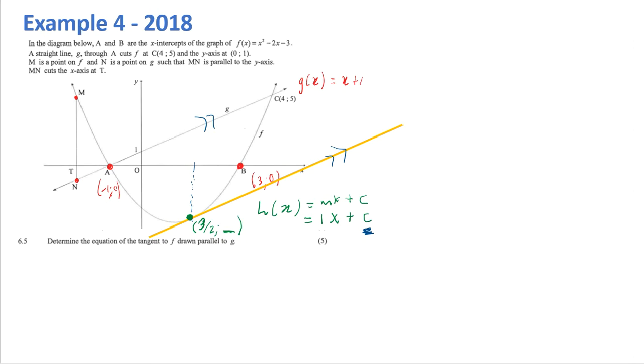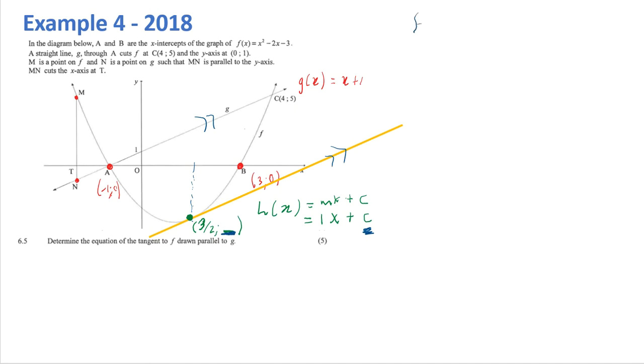What are we going to do? Well, I know that what I can do is I don't have this y value. Okay, that might be helpful. So let's compute that, because that's quite easy.